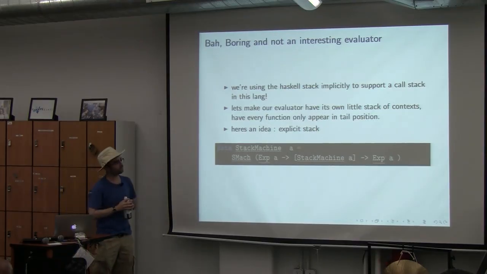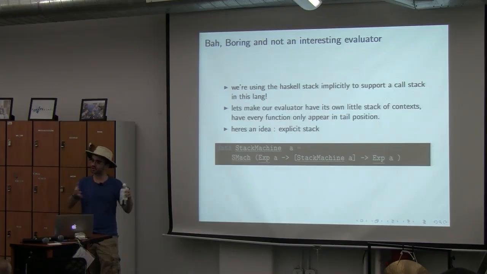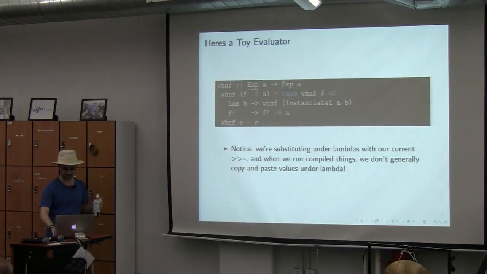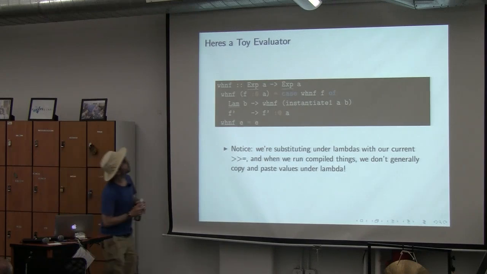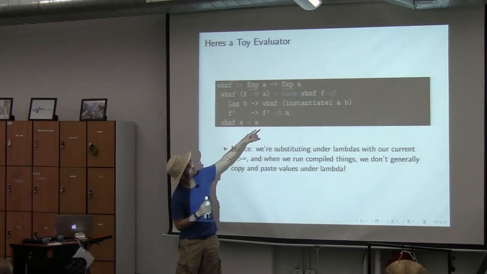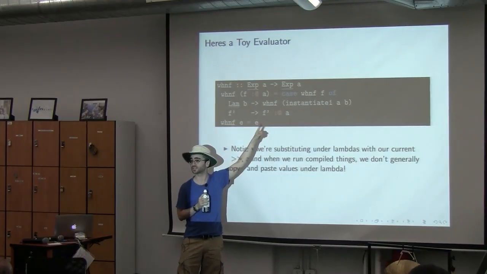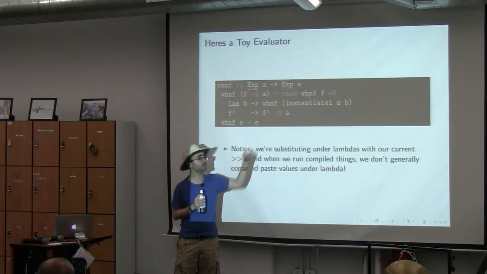So let's go back one slide and look at the original evaluator. I have a non-tail call usage of the weak head normal form function over here in the case expression. Is everyone with me there? Okay.